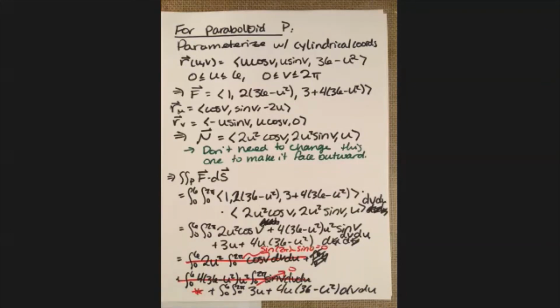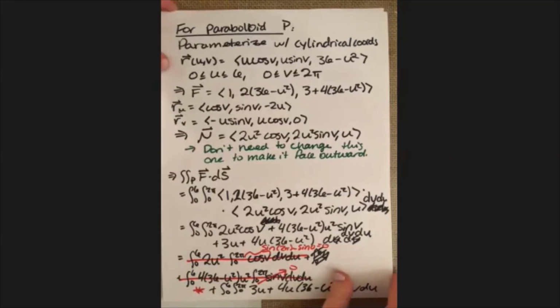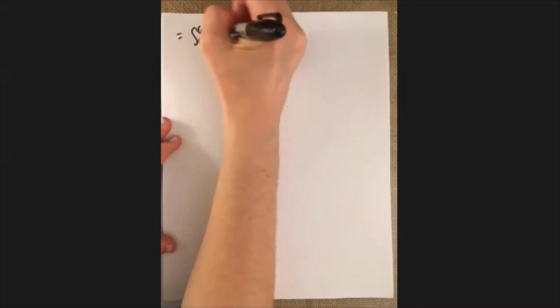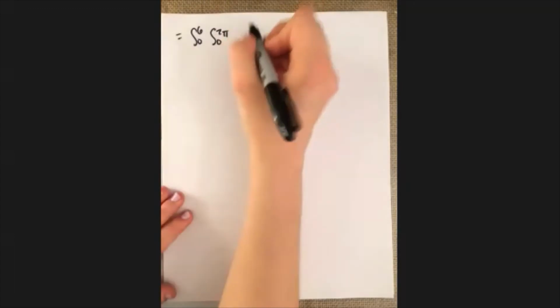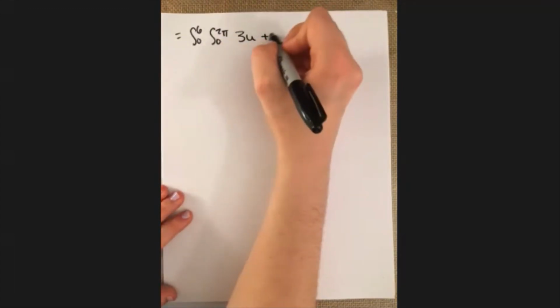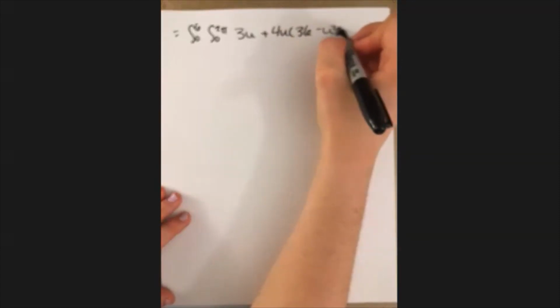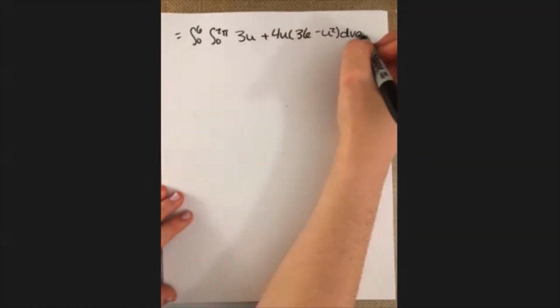So let me grab a new page and write that down again, so that we have a nice clean copy. We have the integral from 0 to 6, integral from 0 to 2 pi, 3u plus 4u times 36 minus u squared dv du.